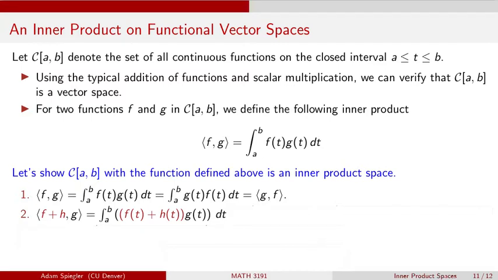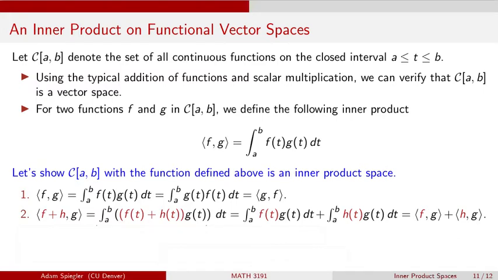Next, let's check the property that says if I take two continuous functions and add them, f and h, and then take the inner product with g, is that going to be the same thing as taking the sum of the inner product of f and g with the inner product of h with g? And here we can again do a little bit of rearranging of terms and regrouping our integrals. So we can take the f times the g plus the h times the g.